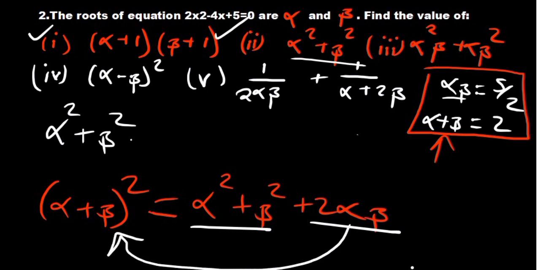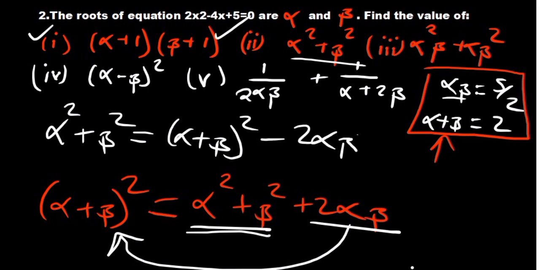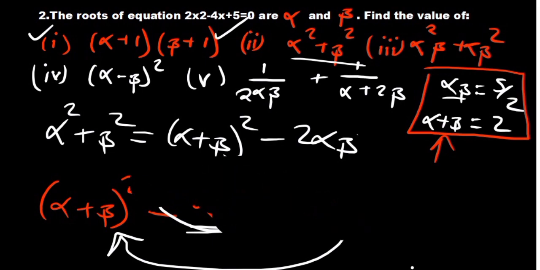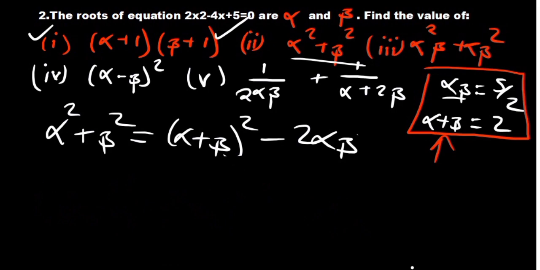So you can therefore say that alpha squared plus beta squared is equivalent to alpha plus beta squared minus 2 alpha beta. We've just made this the subject of the equation. So it's now in the form of a summation as well as a product. So there we have alpha plus beta, which is 2 squared. Then the product is 5 over 2.